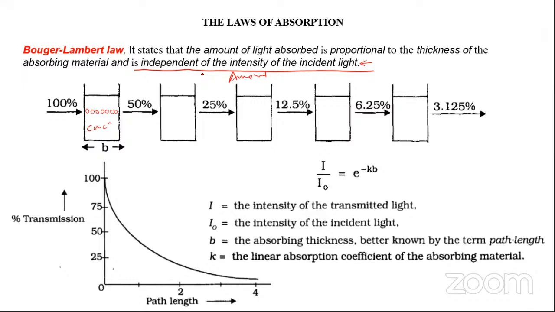So basically what I'm trying to convey here is that light is striking the molecule, right? So if the number of molecules is more, the chance of this event will increase, correct? More light radiation will strike more molecules. Do you agree?